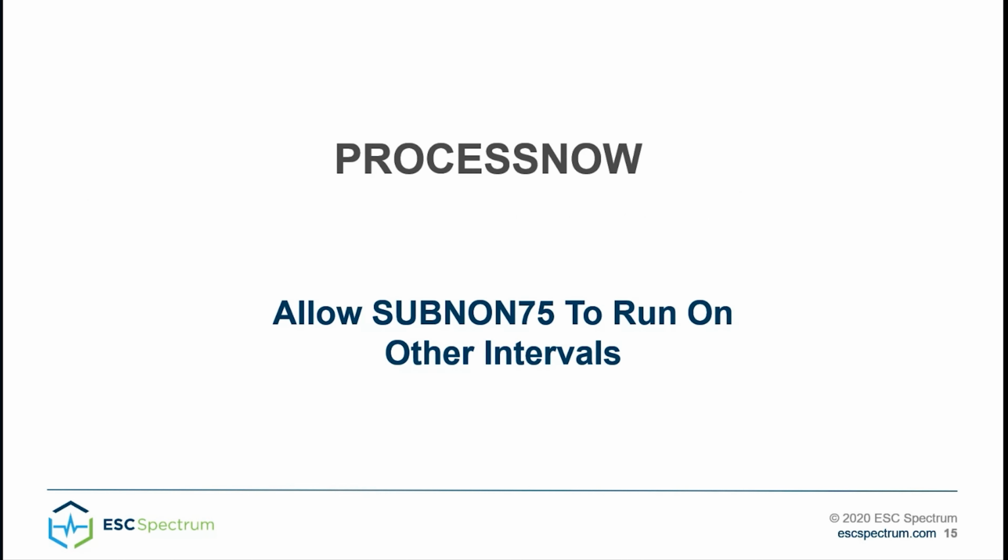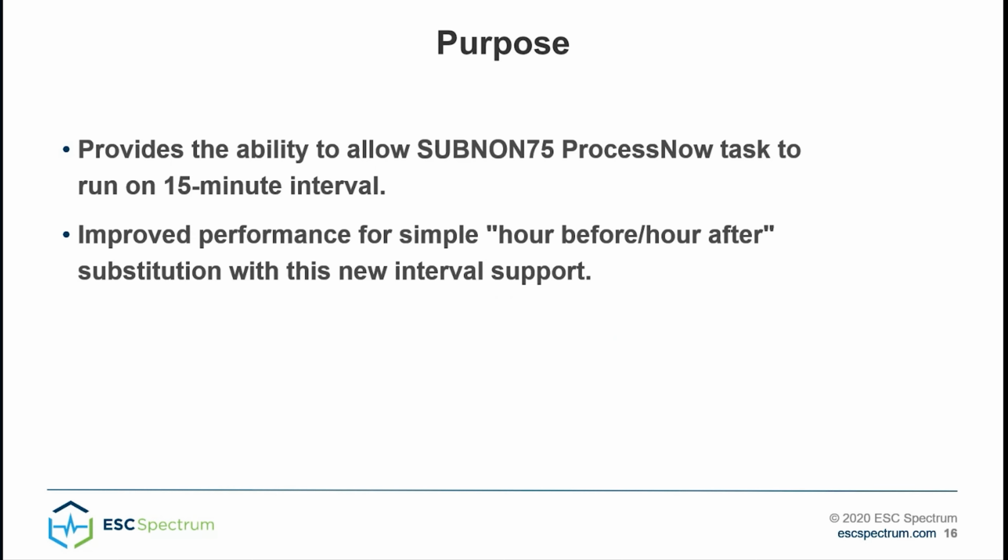Now, we added support for subnode 75. ProcessNow task, which is the non-part 75 data substitution task, to run on intervals other than 1 hour, specifically 15-minute. For those that aren't familiar with this task, it's a very simple data substitution where you either take the hour before or the hour after if it's there, and you can even do an average of the two if you need to.